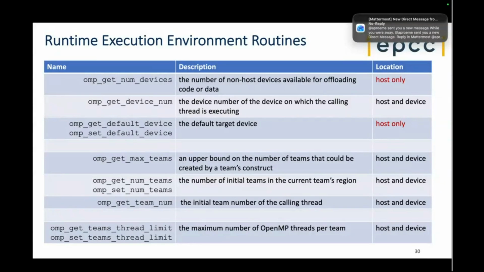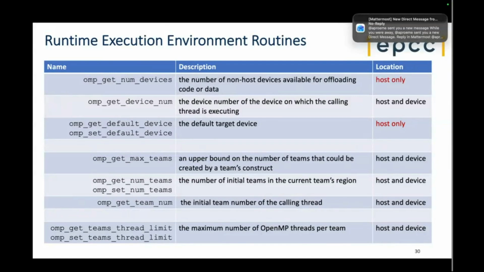Or if you want to tell OpenMP from now on just use this number of teams, you can use the omp_set_num_teams call. Many of these have an equivalent in terms of directives, but not all of them. And some of them only make sense on the device, others only on the host, and others in both.